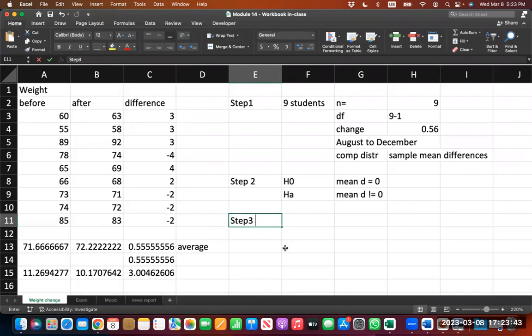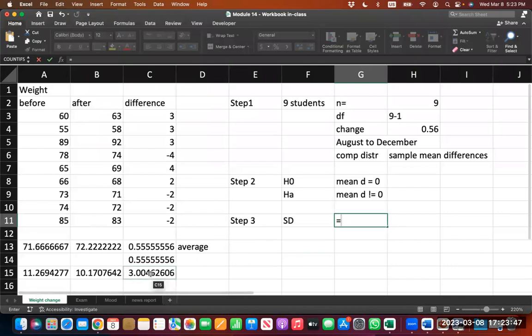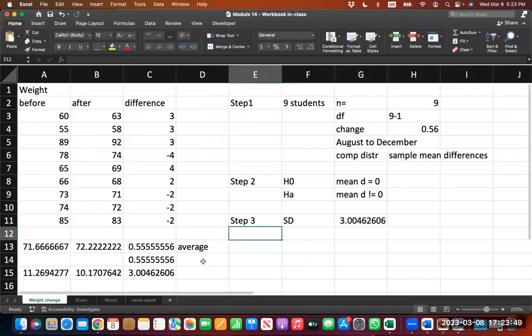So in step 3, we want not only the standard deviation, although it's important, the standard deviation we have right here. In addition to that, we want our standard error of the mean. And we know how to calculate that.